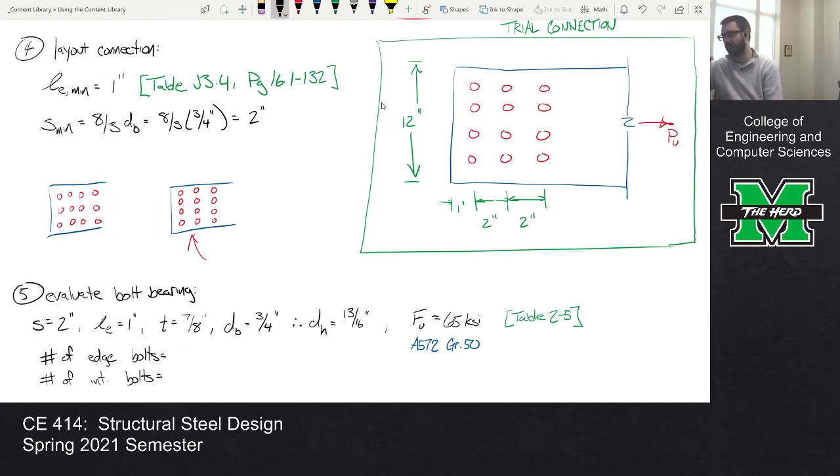No, remember, whenever you're yanking on a plate, so we're yanking on it this way, I don't know if I lost connection there, I heard an echo here. But if we're yanking on it this way, then these are the edge bolts. Did everybody hear me just now, though?